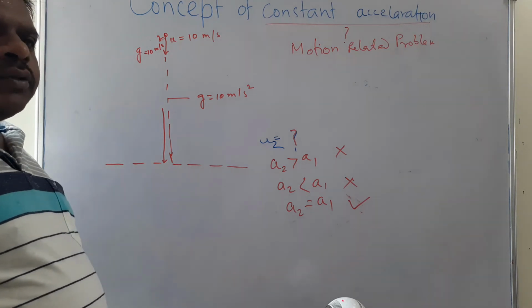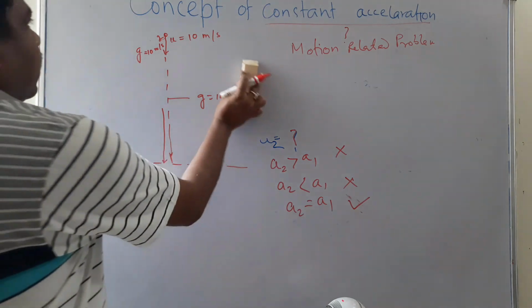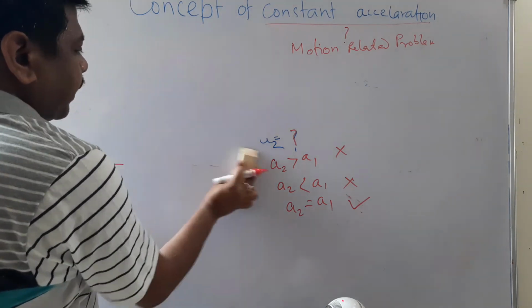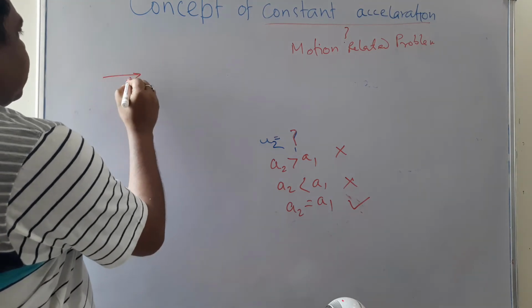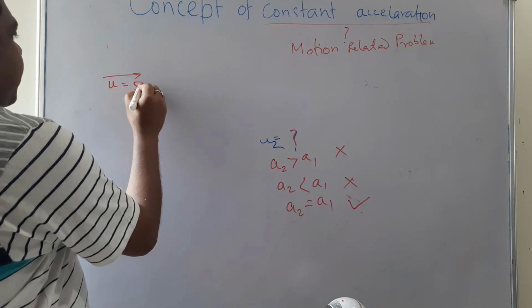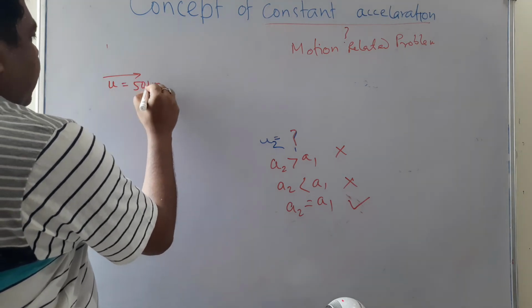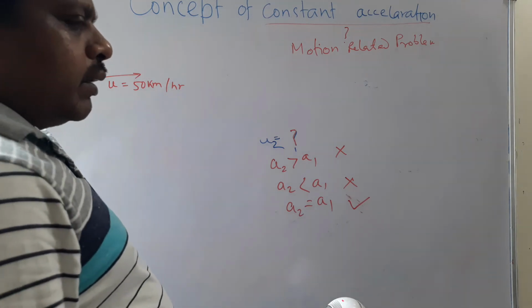Take another example. Let's say you are on a bike and you have an initial velocity u of, let's say, 50 kilometer per hour. Now you want to stop this bike.